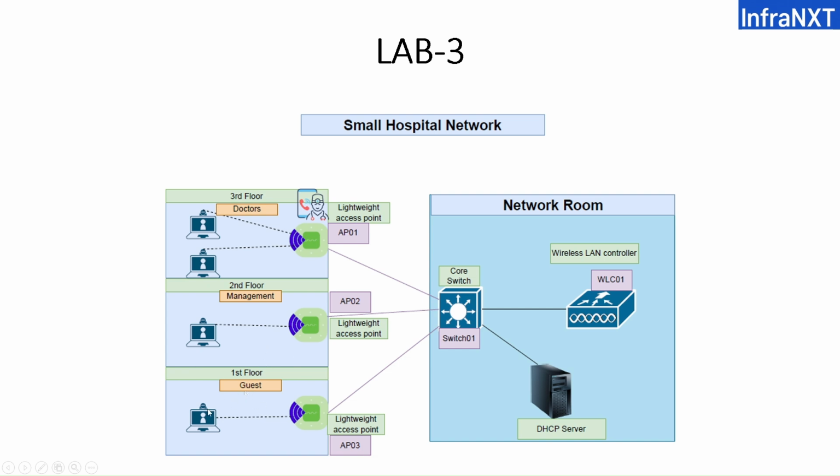Or consider the guest is on the first floor and connects to the guest Wi-Fi. When they go to the second or third floor, they will not be able to get the SSID called guest and will not be connecting to the hospital network. This is a kind of security precaution or requirement every network design will generally have. How I'm going to achieve that is something we are going to discuss today.